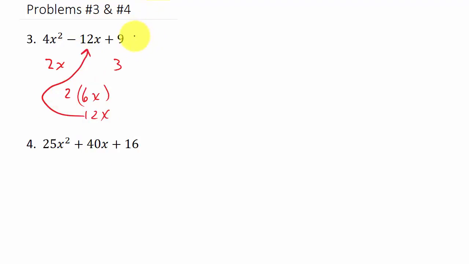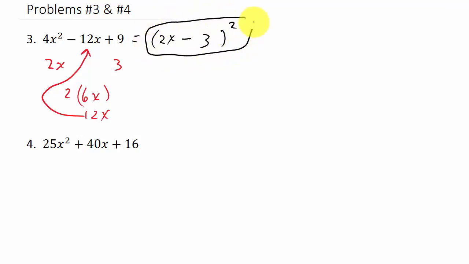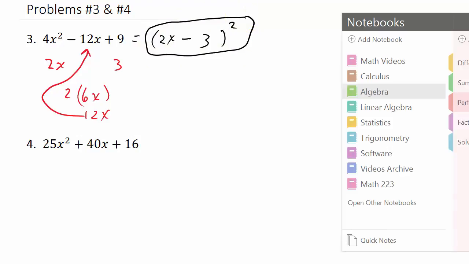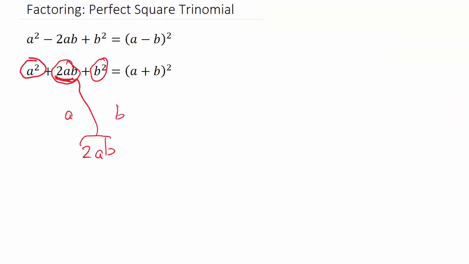Alright, so it's a perfect square trinomial. Square root of 4x squared is 2x, this sign, and then square root of the last term. And there's your answer.